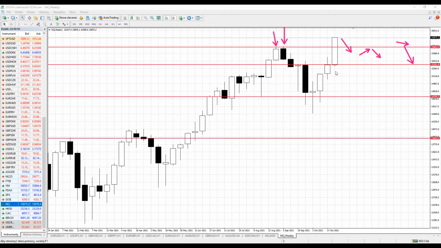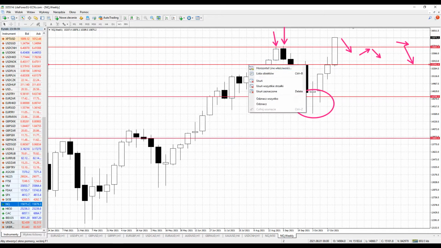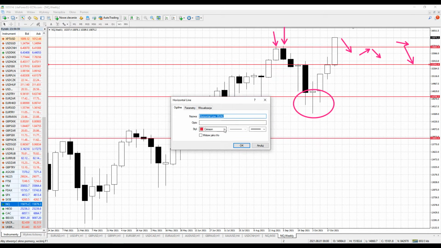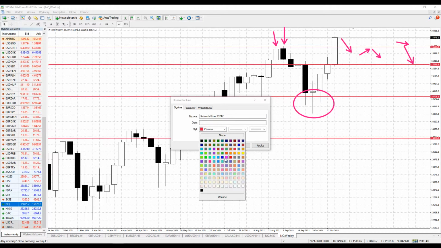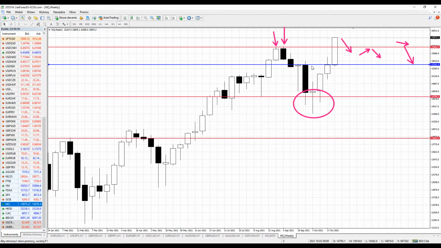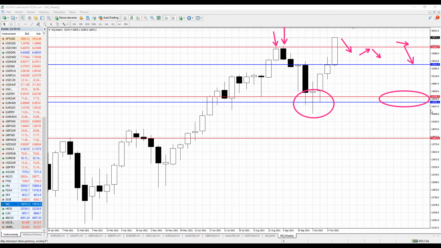If we are going to break through, my next target is this swing low over here. In that case, taking into consideration that should be black, that should be blue, I'm going to target this particular zone. Why so important?